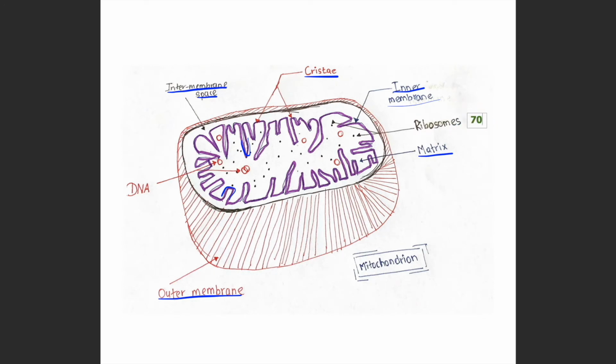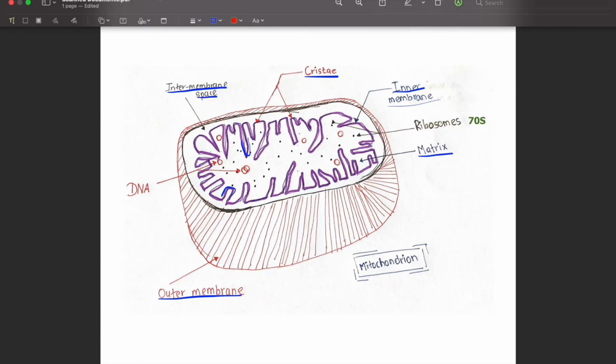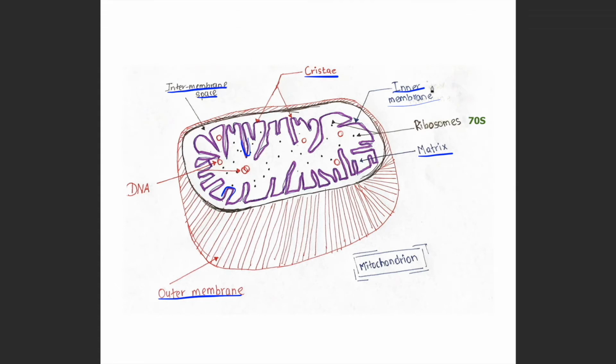These are 70S ribosomes, which are the sites for protein synthesis. Yes, mitochondria can make their own proteins. Actually, I will be making another video about the endosymbiont theory on mitochondria and chloroplasts, so stay tuned for that. You can learn more in that.